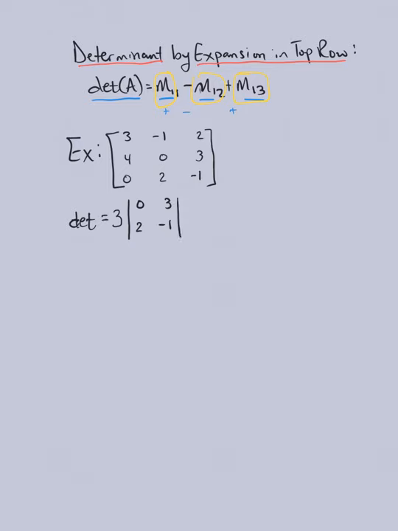And then notice in my second step, I subtract, so I'll just put a minus there. And be careful with signs. I have a minus from my formula, but then the entry in row 1, column 2 is a -1, so I'm going to have a -1 there. Like that.